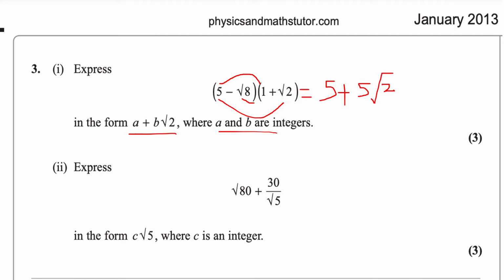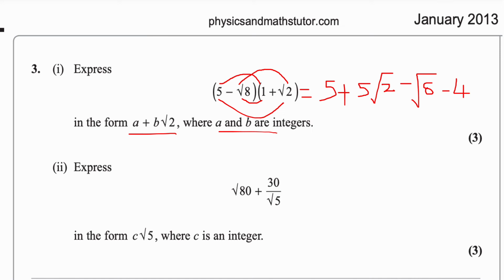Minus root 8 times 1 is going to be minus root 8, and then minus root 8 times positive root 2 is minus root 16, which just simplifies to 4, because root 16 is equal to 4. And it's a minus because I've got a negative times a positive, so the sign is going to be a negative.